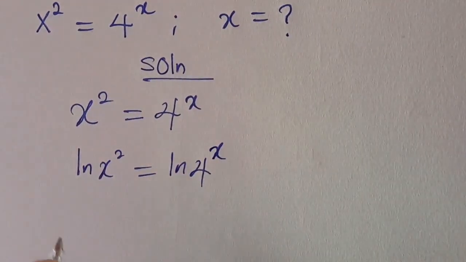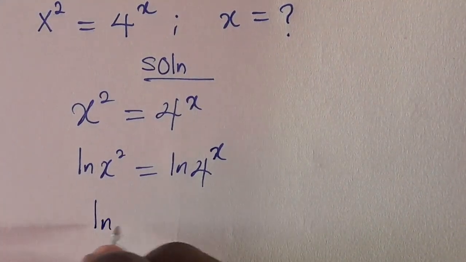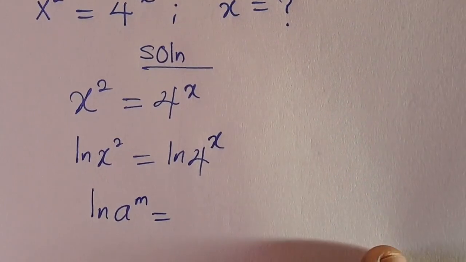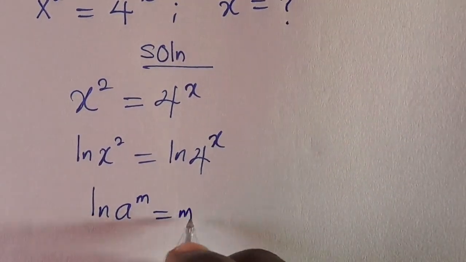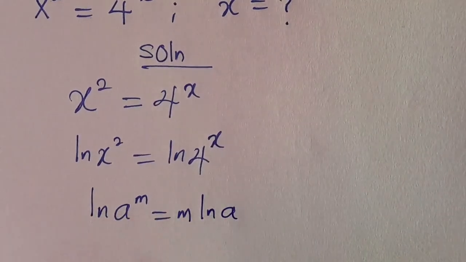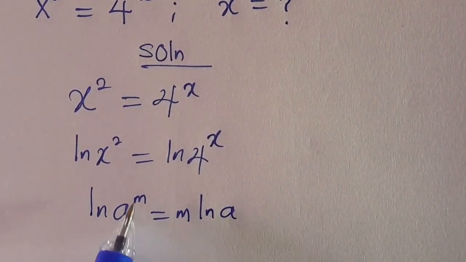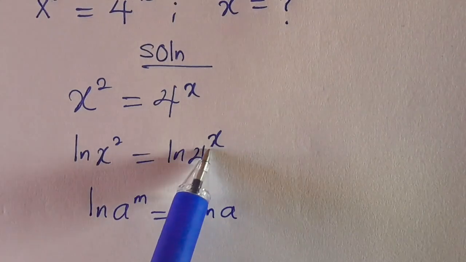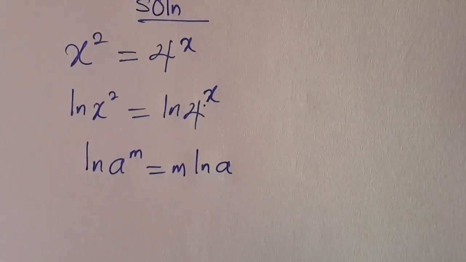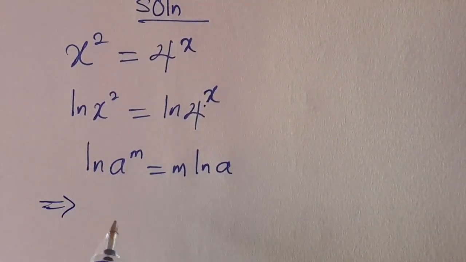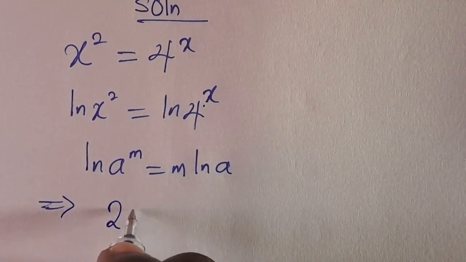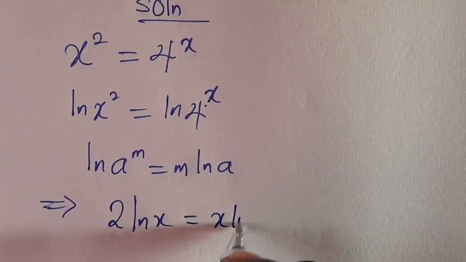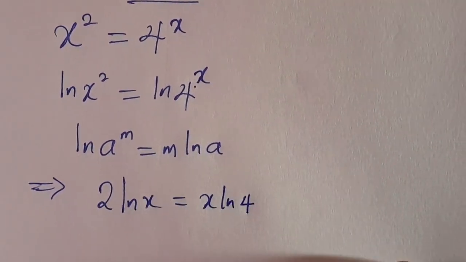Now mind you, when you have ln of a to the power of m, this is equivalent to m times ln of a. So the power will come here. By applying it here and here, this implies that we are going to have 2 ln of x equals x ln of 4.